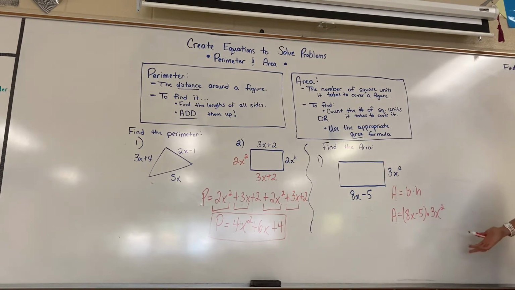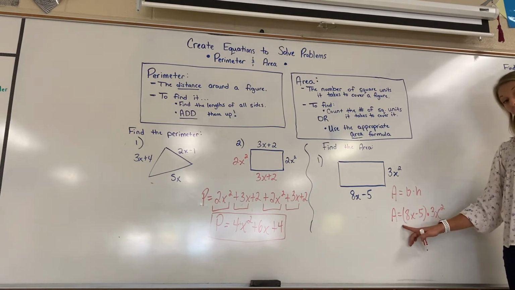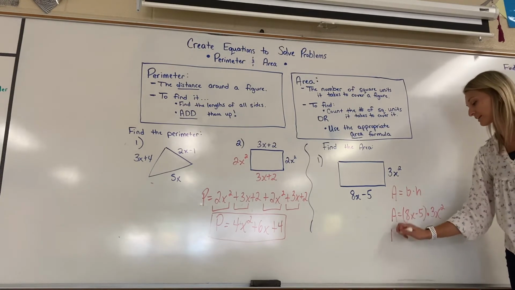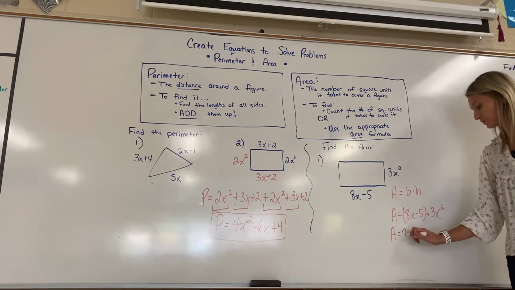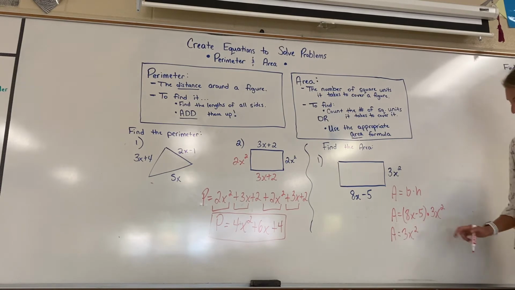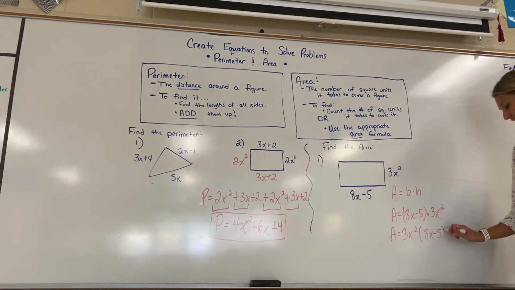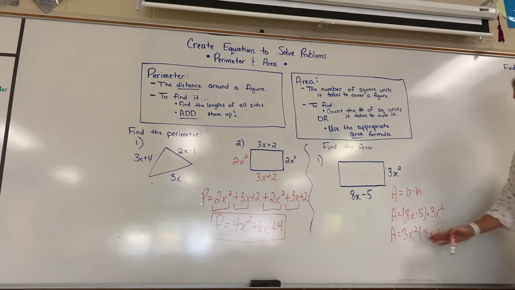Okay, so from here, all I have to do is simplify. Now, in these problems where we have to multiply by a term, usually you're going to see that term up front. So if that bothers you, because you're multiplying, you can actually move it to the front like this. So I'm going to move that 3x squared to the front, and then write that next part behind it. That way I'm used to seeing it this way.